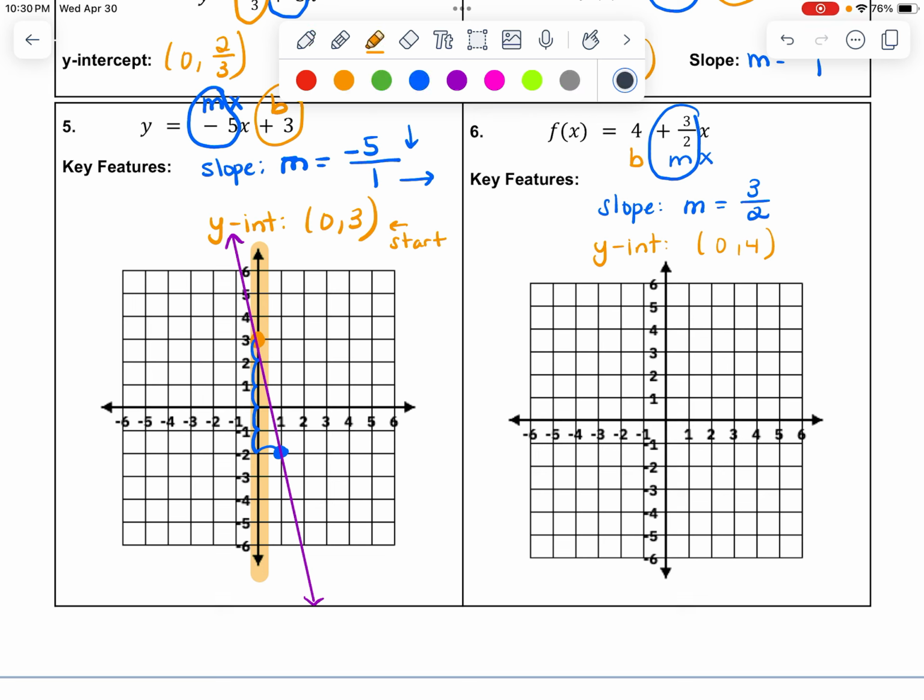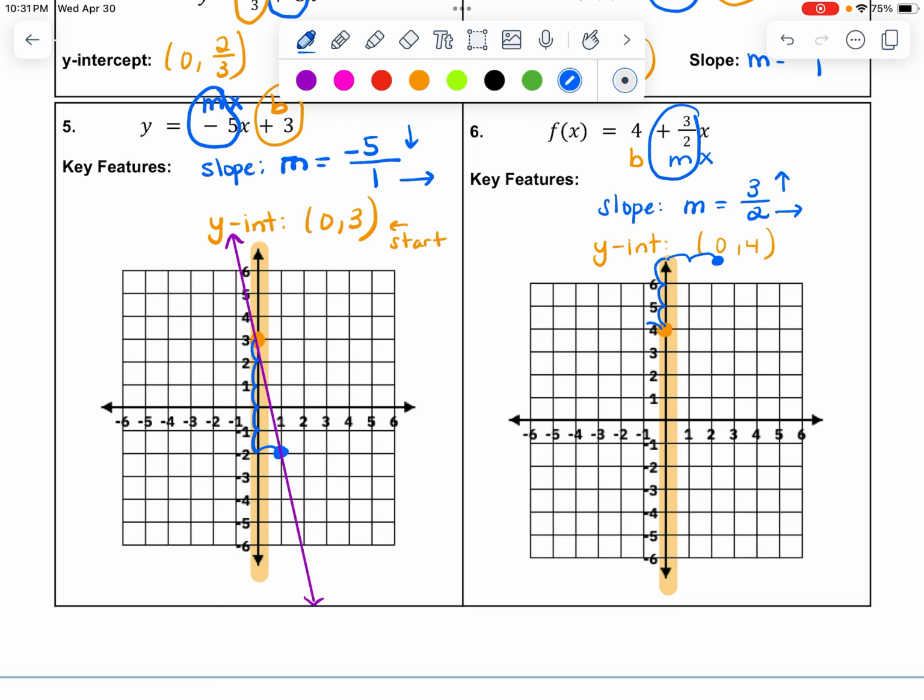So I'm going to begin on my y-axis. 0, 4. My slope is going to tell me the rise, which is positive, so I'm going to go up, and the run, which is always to the right. 1, 2, 3 is a little bit off the graph paper, over 2.